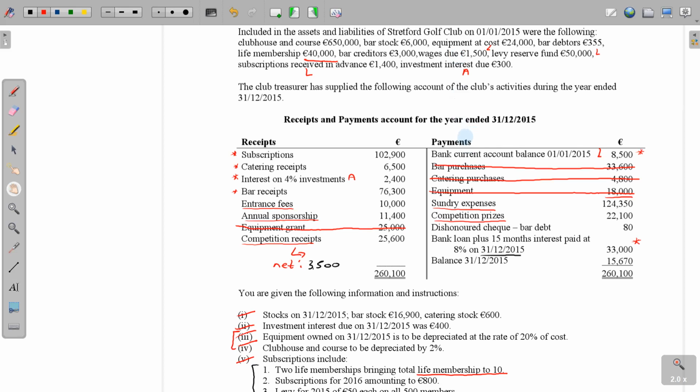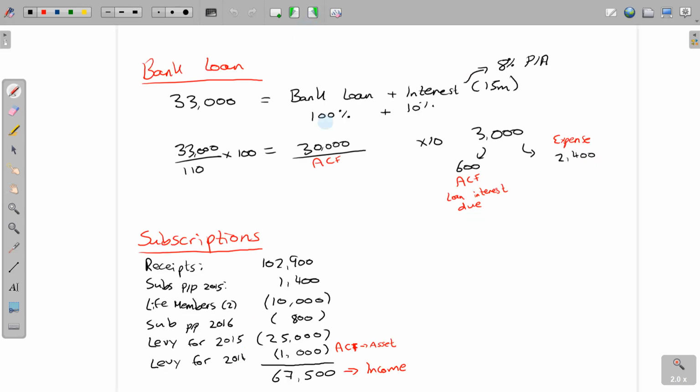We're only interested in what is happening for this year. So you'll have to take away the 1,500 from the sundry expenses. So minus 1,500, and that figure is 122,850.